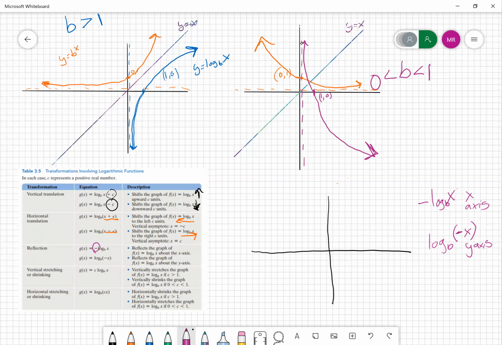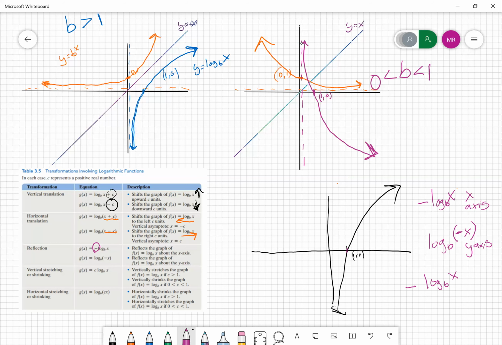So let's take a look at that really quickly. We're going to quickly draw in our parent function, where it hits at (1, 0). Looks like that. Now let's graph negative log of whatever base and x.